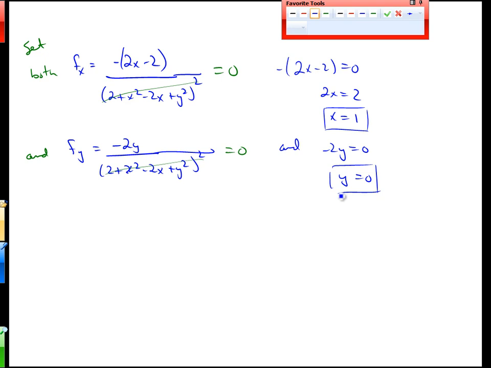Now here you have to go through a little bit of logical checking. Have we got both cases? Is it any point that x equals 1, or points that x equals 1 and y equals 0? Well, if we just look at these two formulas here, to have both f sub x equals 0 and f sub y equals 0, the only way to make the x derivative 0 is to have x equals 1.